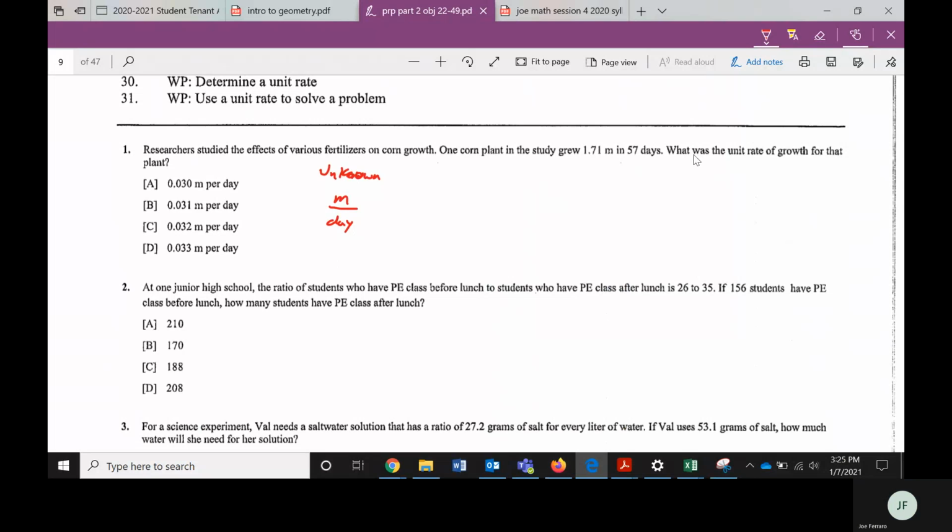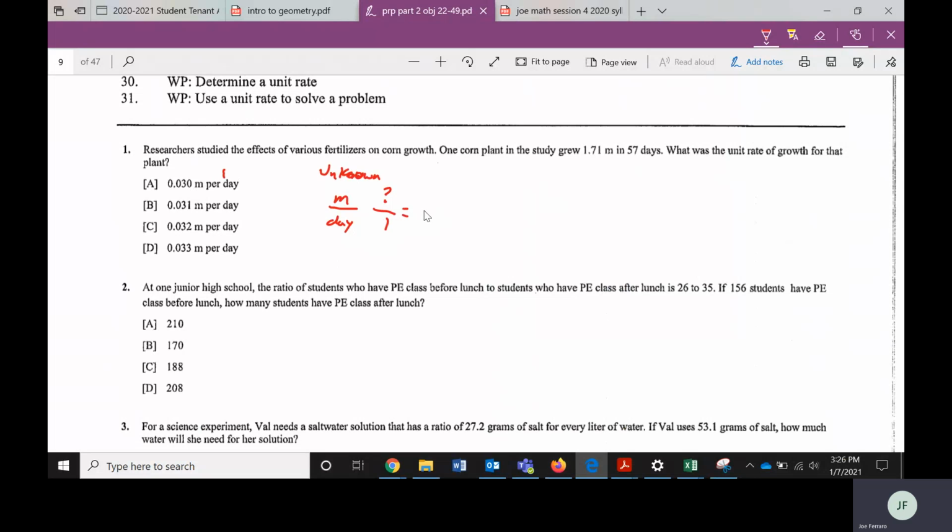It says, what was the unit rate of growth for that plant? Because it's a unit rate, and again, if you're not understanding, the answers help you. They're giving you some sort of meter per day, meaning per 1 day. Just like speed, miles per hour means how many miles per 1 hour. So we don't know how much it grew, but we know we want it in 1 day.